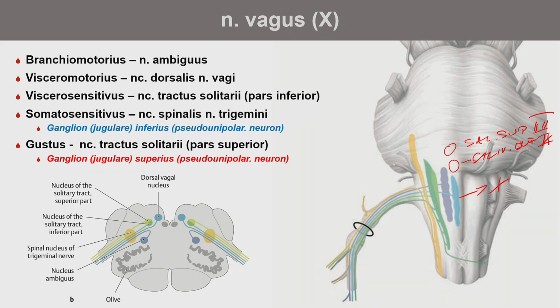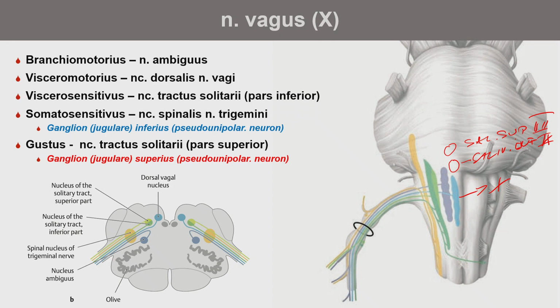Why so large? Because the distribution of the parasympathicus is here from the throat till the level of the lienal flexure of the colon. So this is a very long territory of parasympathicus, which is supplied by the vagus.